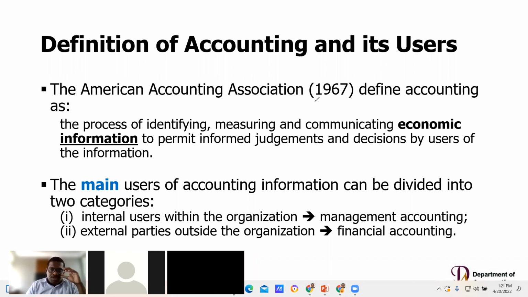1967, a very old definition from the American Accounting Association. So you can say accounting is just producing information. Again, it's a definition, so you can look at the accounting from different perspectives. Right. The main uses of accounting information divide into two parts. There are internal users like management, people inside who really have access to the information, that is management accounting.